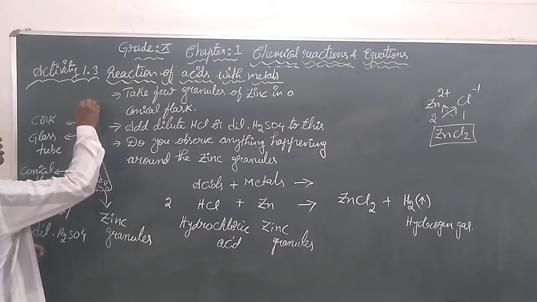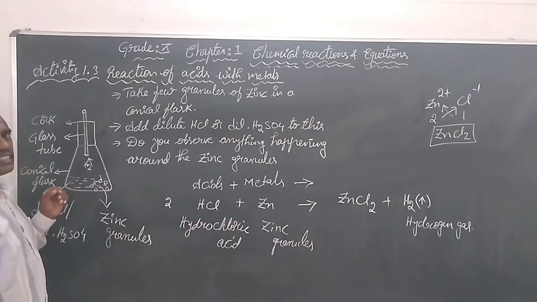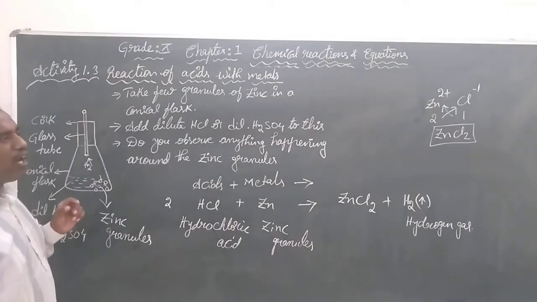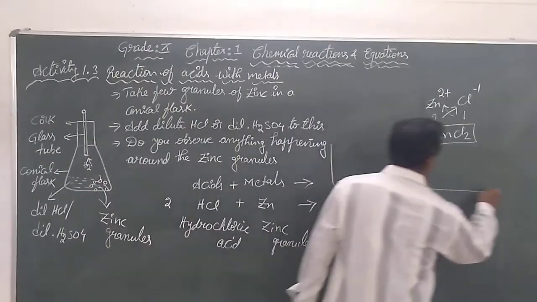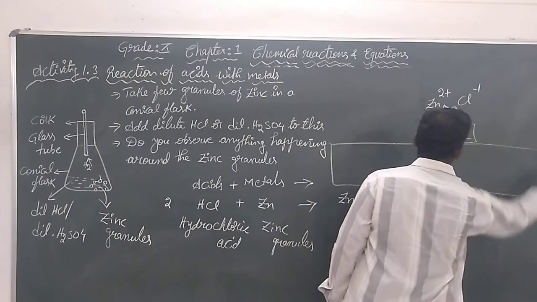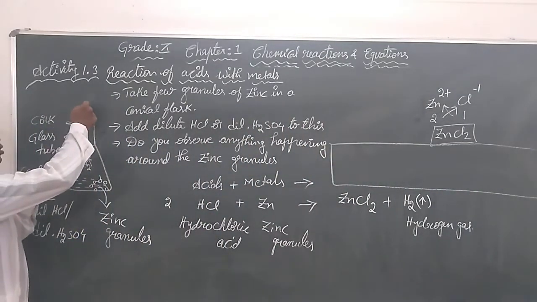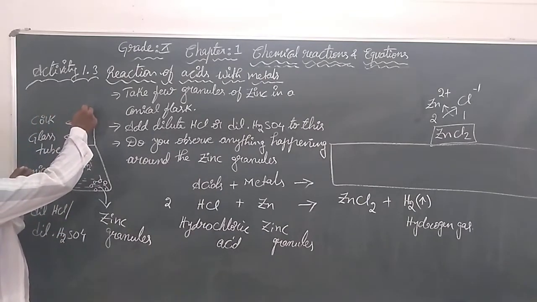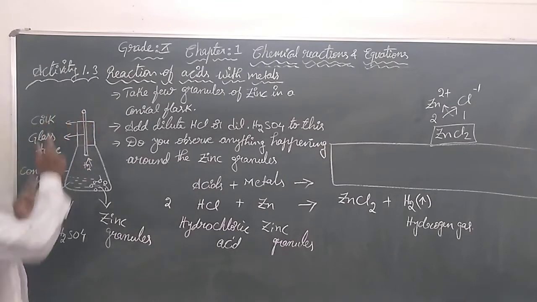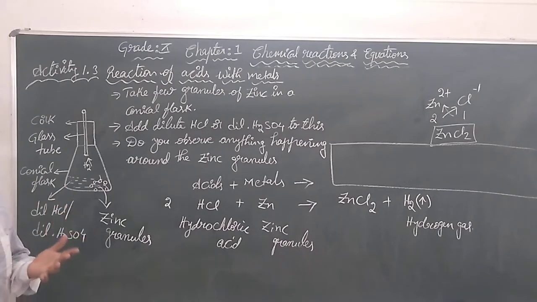Now most of the students will have a doubt: sir, how can we confirm that the gas is hydrogen? In order to confirm it, we had one activity. You bring a burning matchstick near the mouth of the test tube or the glass tube, and the burning matchstick blows off with a pop sound.